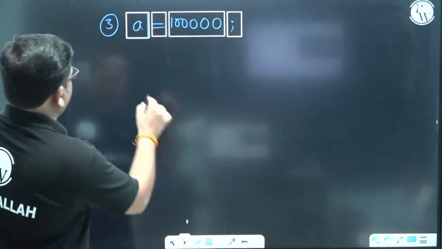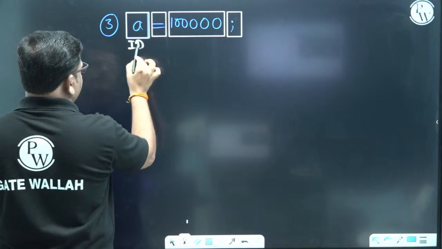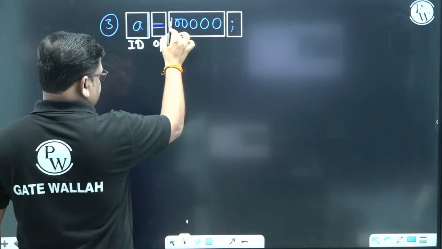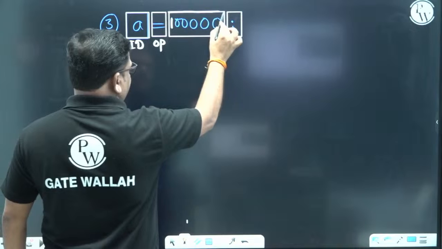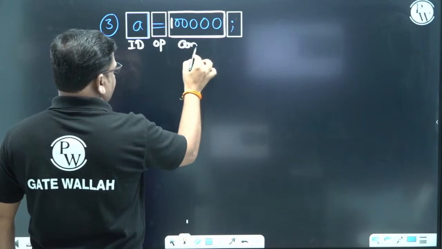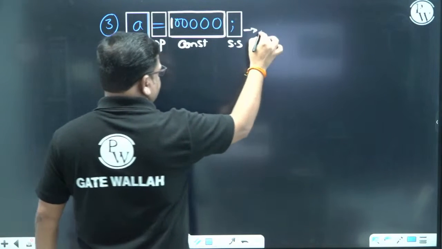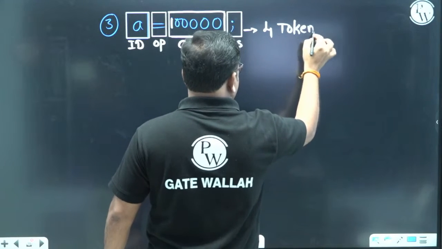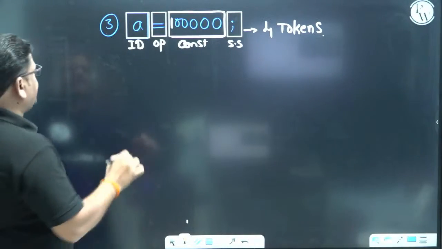So here the identifier will end here. This is one token, operator. This is one token, constant. The digit started here and ends till this, one token, constant, special symbol. So total 4 tokens. The number of tokens generated will be 4 tokens.